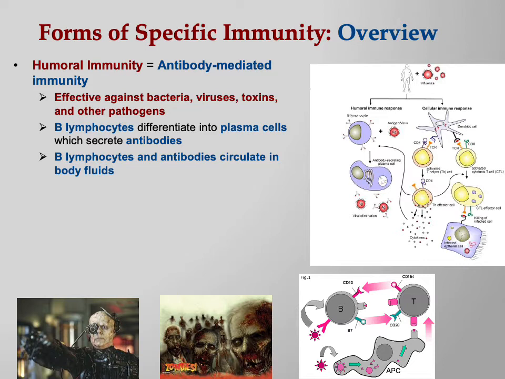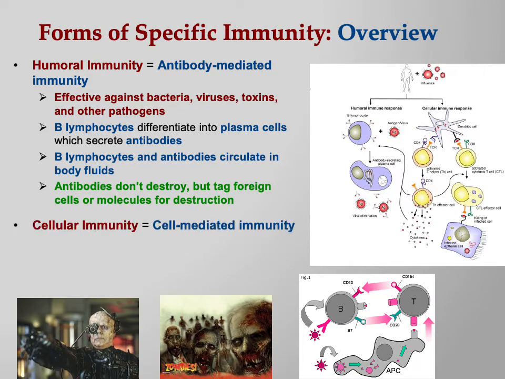They find a bad guy, they handcuff it. B lymphocytes actually can do what we call receptor-mediated endocytosis. Essentially, they eat the bad guys, and then they serve as APCs. Remember, we mentioned that, antigen-presenting cells. So again, different types of B cells have different roles. Antibodies, again, don't destroy. They simply tag foreign cells or molecules for destruction.